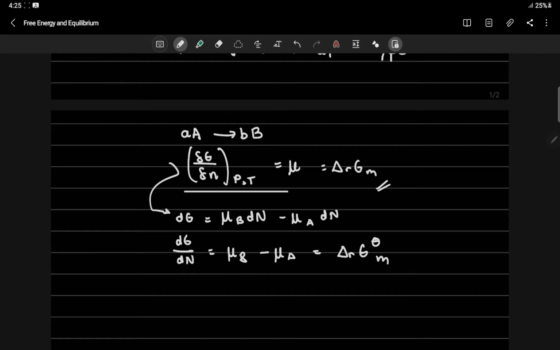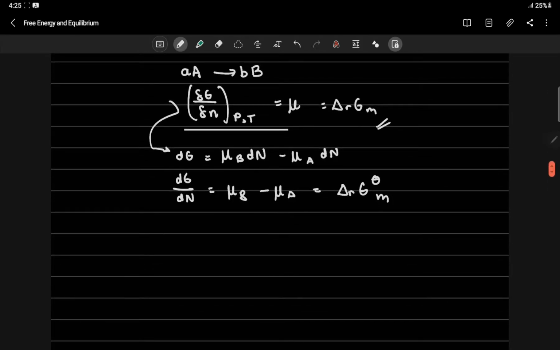Okay? Now, how do you calculate or how do you express the reaction Gibbs free energy? So, ang gagawin mo lang, product minus reactant, pero you have to multiply by the coefficient. So, B mu B minus A mu A. Okay?